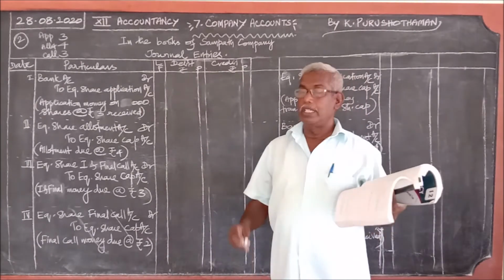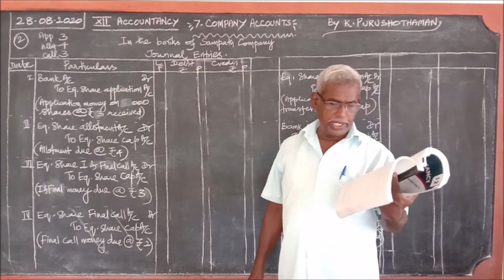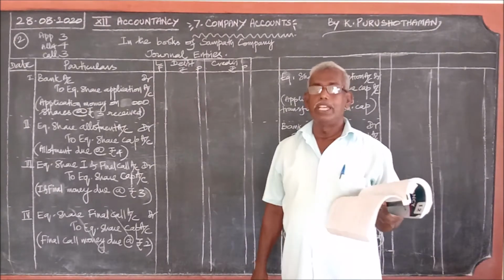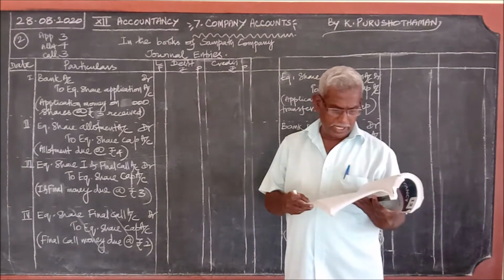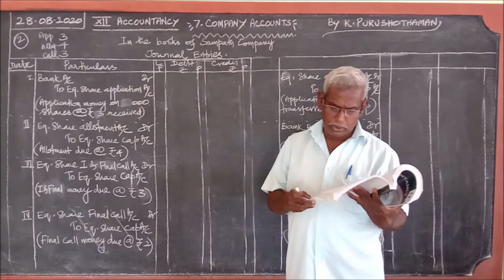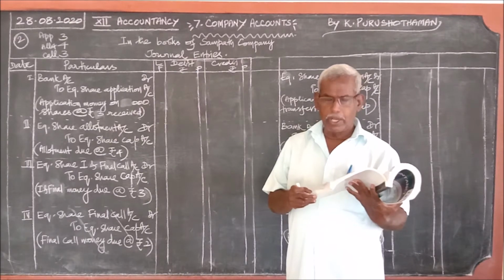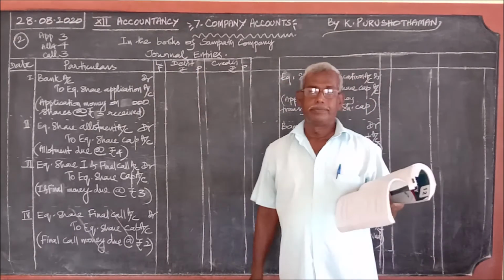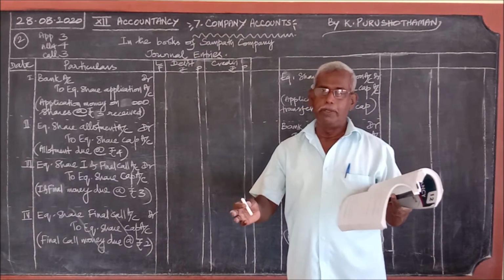But here, 25,000 shares were issued, but the directors allotted only 24,000 shares because the public subscribed for only 24,000 shares. It's very important. Not all the 25,000 shares are subscribed for.